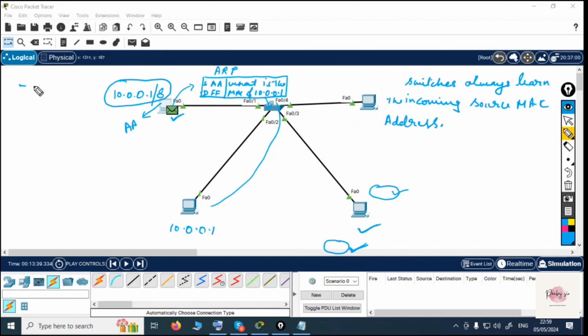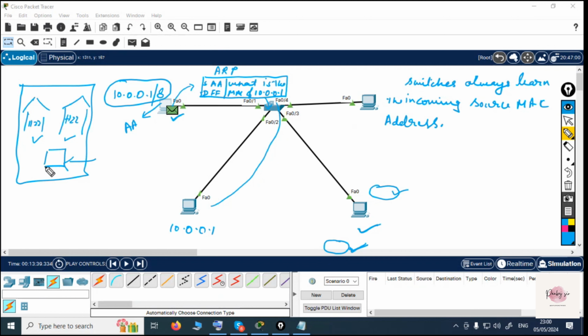If one house has the address H22 and this house also has the address H22, then a conflict will occur. If the postman comes and wants to deliver an envelope or anything at H22, whom will he give it to?